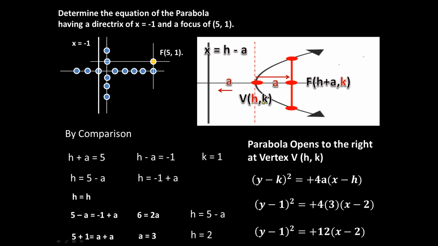Maaaring itanong, no? Ibibigay yung dalawang endpoint ng latus rectum at yung vertex. O kaya ibibigay yung focus at yung vertex sa problem, sa board exam. O kaya ibibigay yung directrix, ibibigay yung endpoint ng latus rectum at ang vertex. O kaya ibibigay yung distance between vertex and focus at saka ibibigay yung directrix saka isang endpoint. Depende.